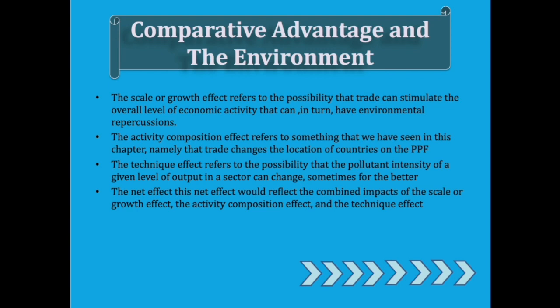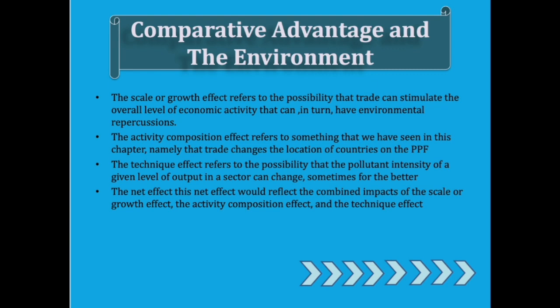So the trading of a finite number of allowances results in a market price being put on emissions, which enables polluters to work out the most cost-effective means of reaching the required reduction. So that is one of the examples. And the last, the net effect.